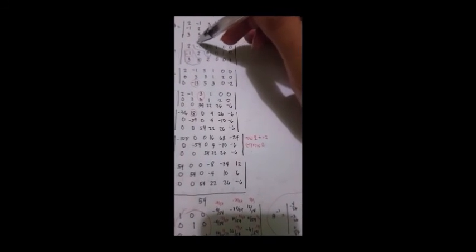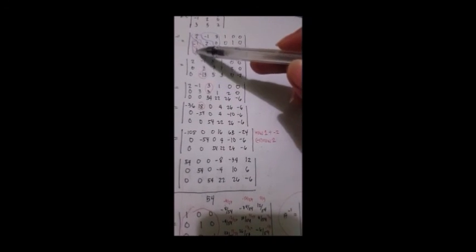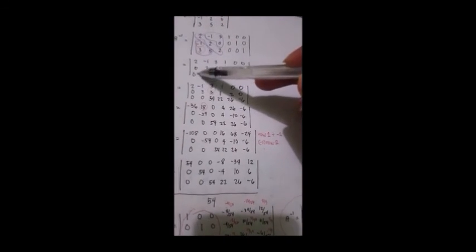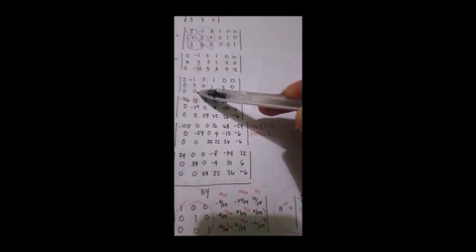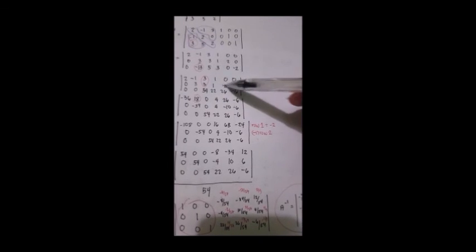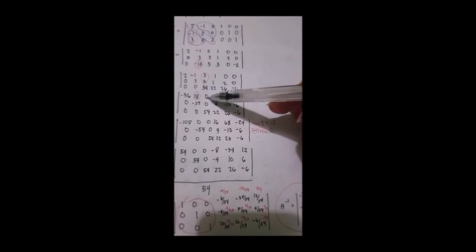This will be transformed into 0, and this should be the same numbers para maging identity matrix siya. So, yan yung inuna natin kanina, this part. So, 0 na siya. And then that part, so 0 na siya. And using our guiding formulas, nag-adjust yung mga numbers. So, that part para maging 0 siya, and that part para maging 0 siya.